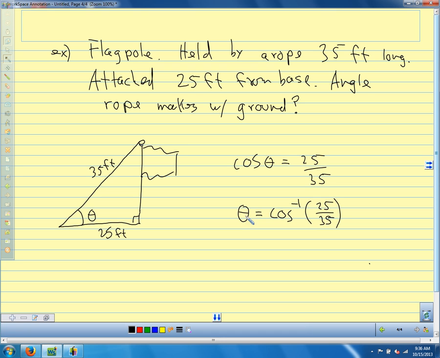It would depend on how the question asked. This one doesn't say, so you could do it either way. Usually when we're dealing with right triangles, you're going to use degrees. And this comes out to be about 44.42 degrees for this angle.